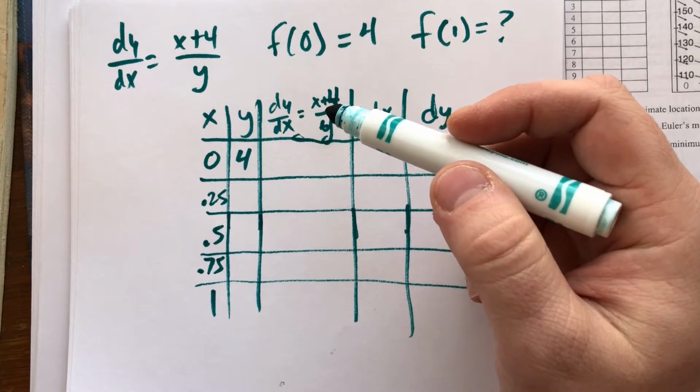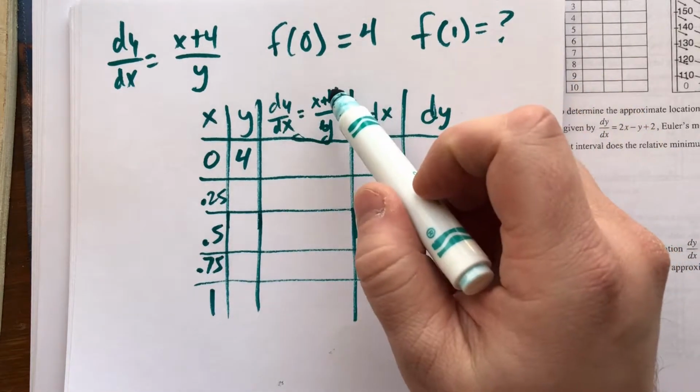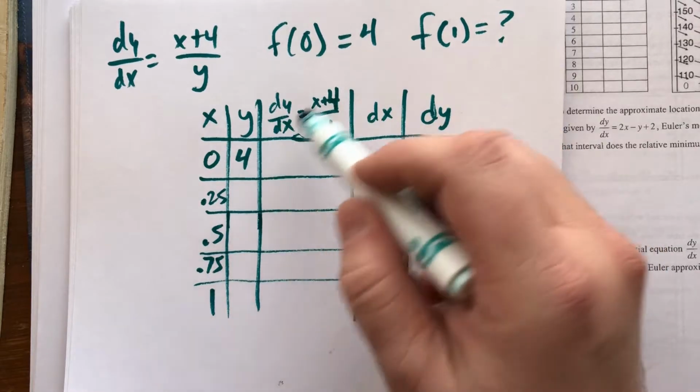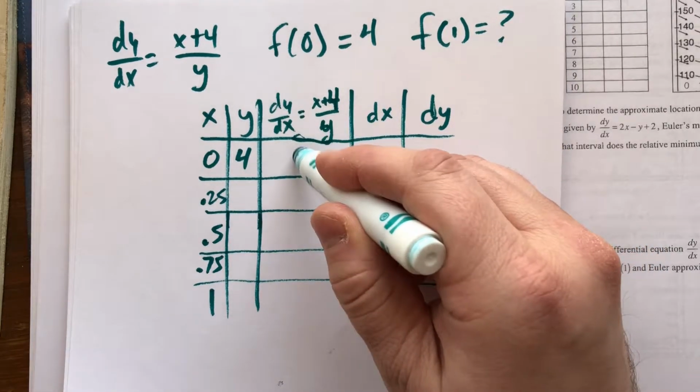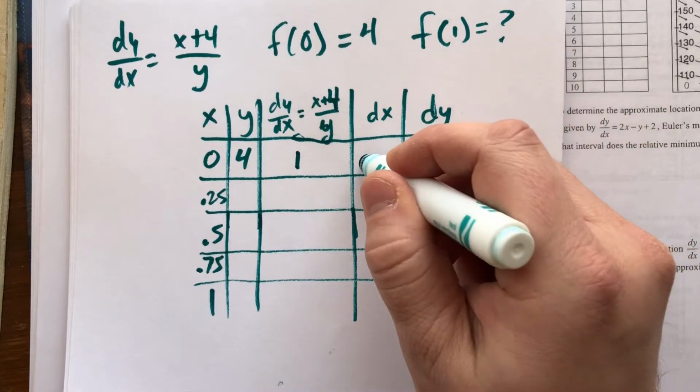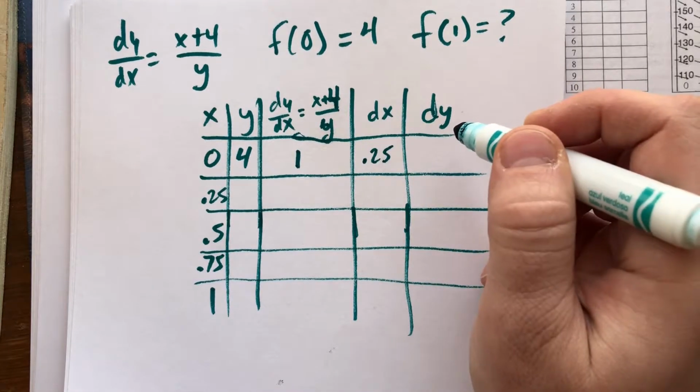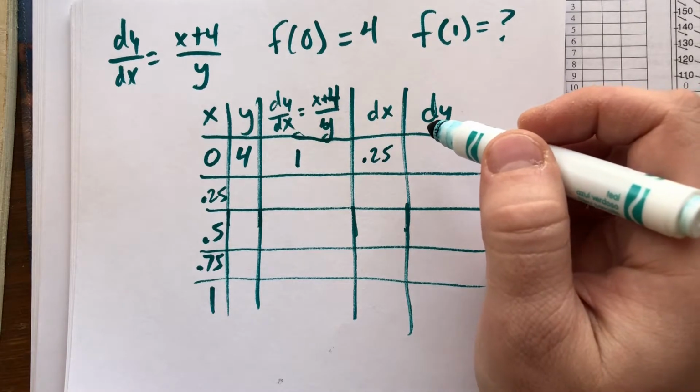So, let's see, x plus 4 divided by y. Oh, so that's 0 plus 4 over 4, so it's 1. And dx is 0.25.